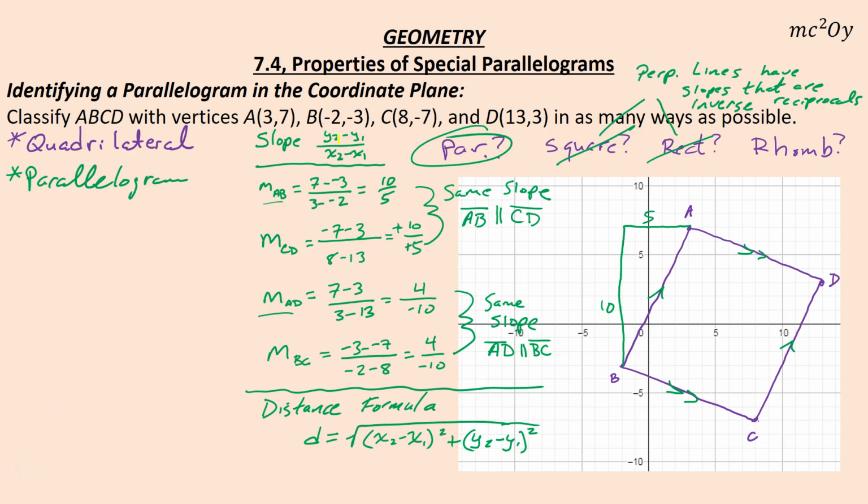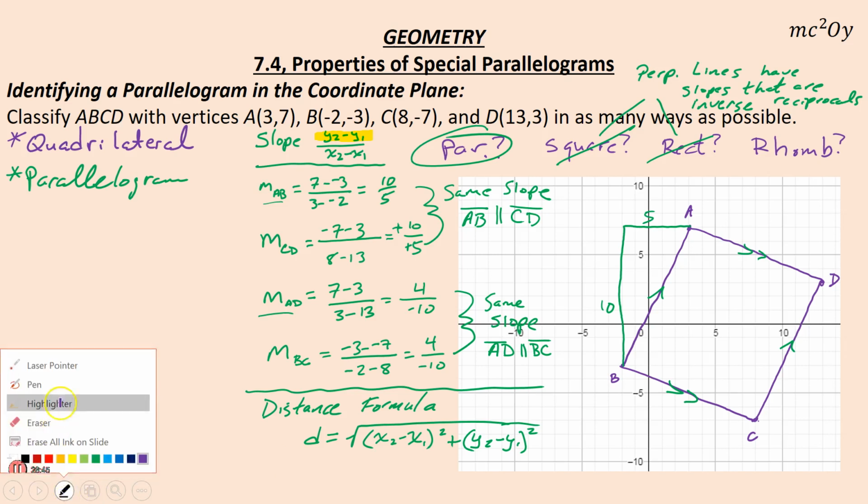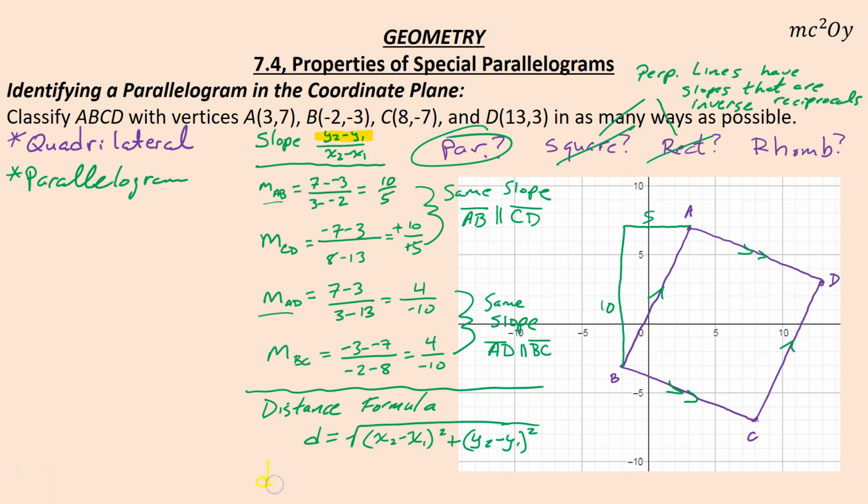So if I'm trying to find the distance from A to B, that would be this whole formula here using x2 minus x1 squared plus y2 minus y1 squared.